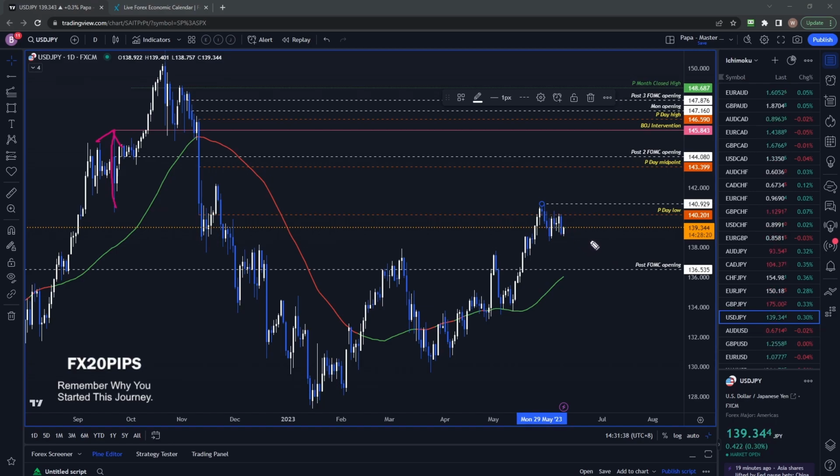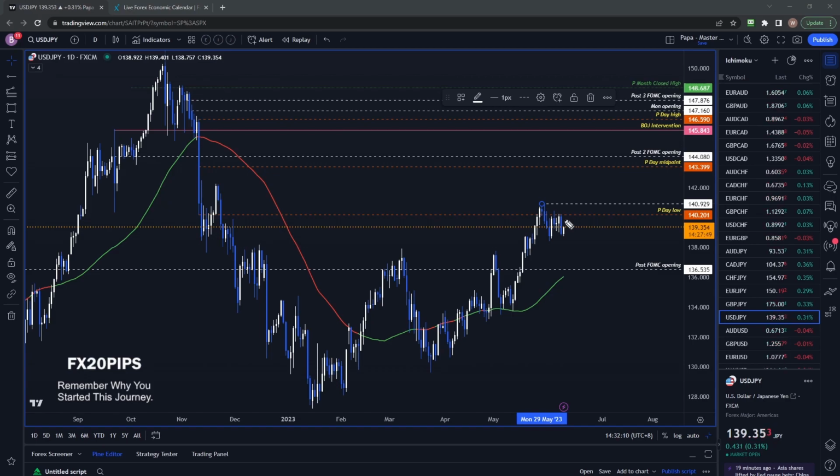So if the US dollar drops, that means in our GBPUSD, GBP will go up. So this would be a possible reaction based on USD JPY if the Bank of Japan intervenes. That's one of the possibilities.